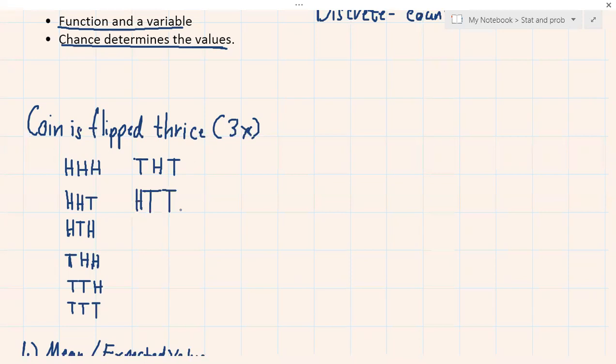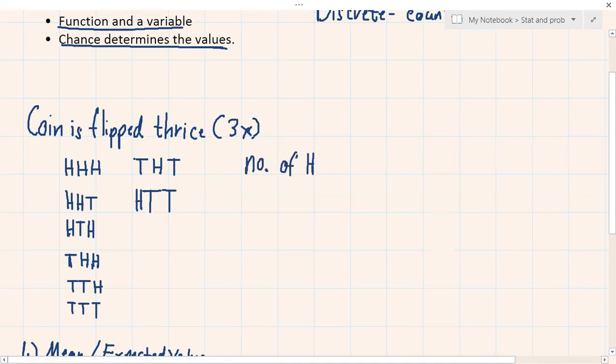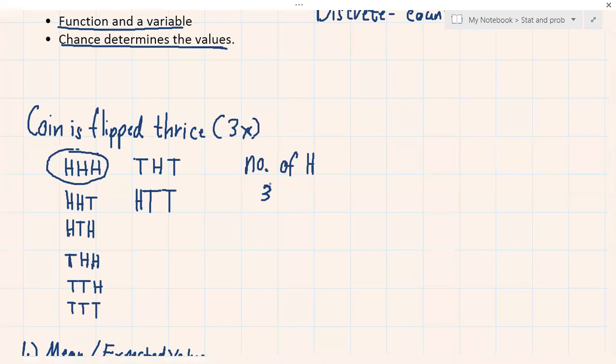Okay? So, ngayon, what if yung random variable ko is number of heads? Okay, number of H or number of heads. Okay? So sa first element, I have total of 3. So meaning, there is a possibility na sa pagka-flip ko ng thrice ng coin, 3 heads ang makukuha ko.